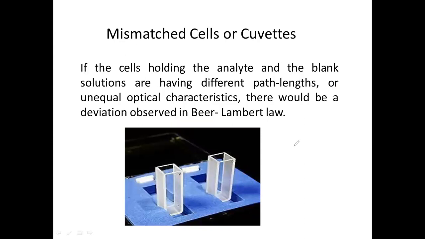Lastly, you can even see the deviation from the Beer-Lambert law due to the scanning speed. Okay, so whatever the detector records of the intensity of the light, that signal is fed to the pen recorder, and that pen recorder continuously records the intensity or the absorbance values.